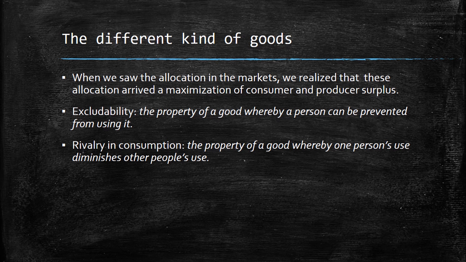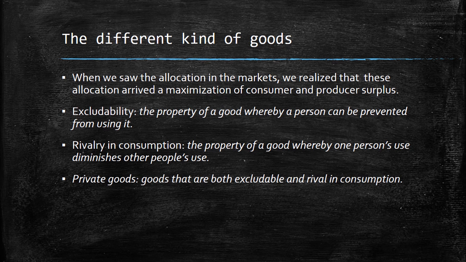For example, the same hamburger, because you cannot use it at the same time. Another example is fishing: the fact that you fish in a lake automatically leaves fewer fish for other people.